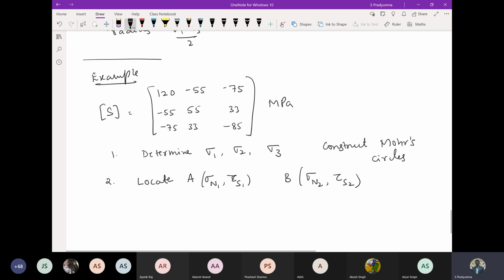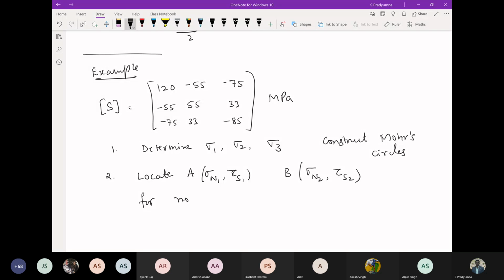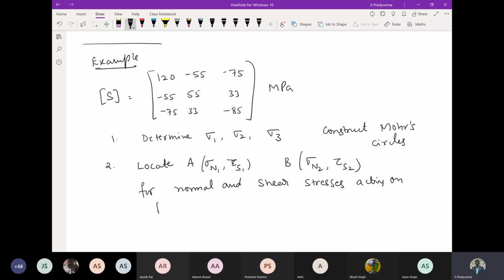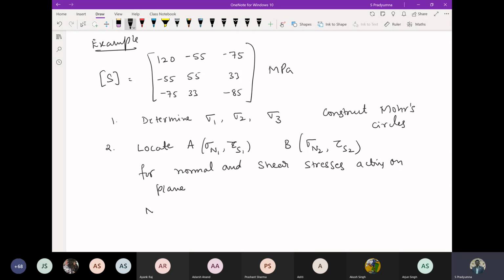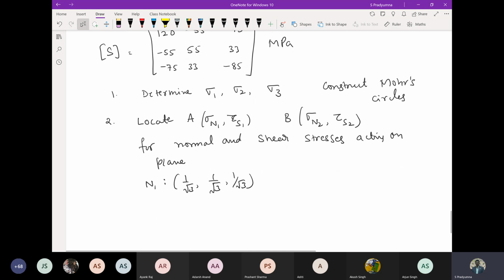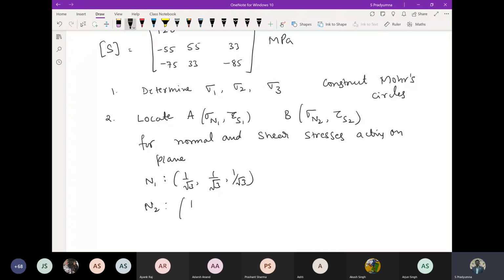These are the normal and shear stresses acting on a cutting plane with normal n1 having direction cosines of 1 by root 3, 1 by root 3, 1 by root 3, and the second normal is 1 by root 2, 1 by root 2, 0.